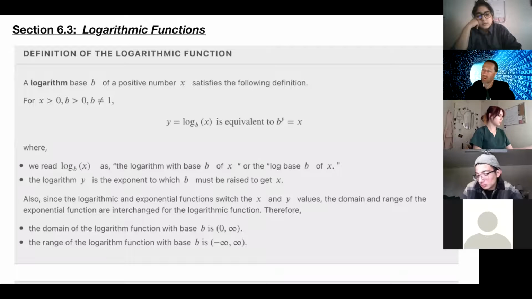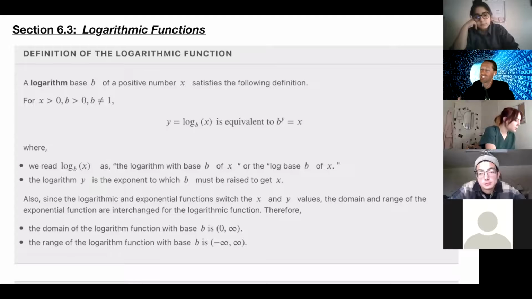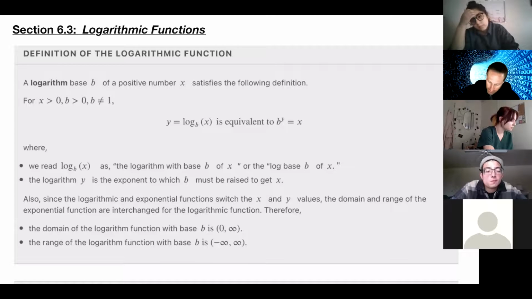If you guys remember, one of the last things we learned in the previous unit was the inverse. And what is inverse the fancy math term for? What English word? Reverse. That's right, the reverse. And if we had y equals b to the x, how would we invert that?